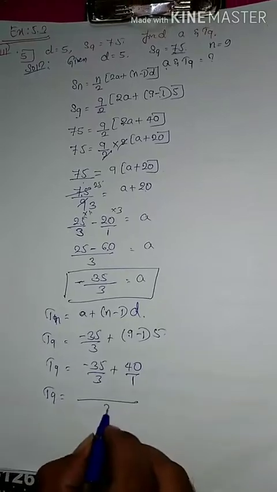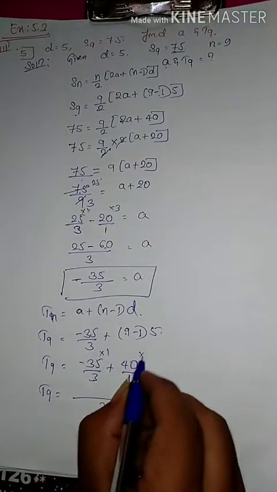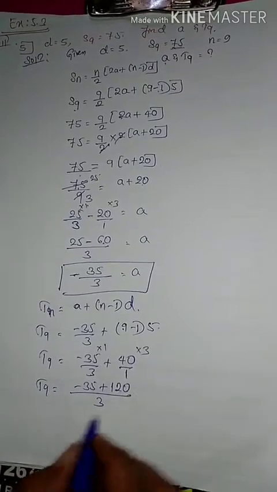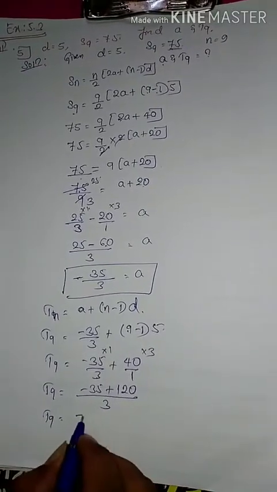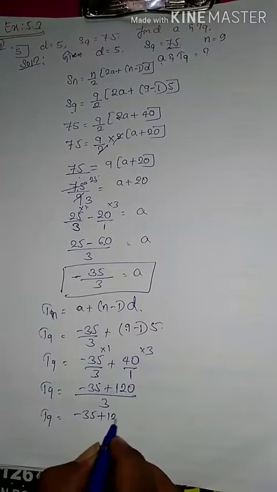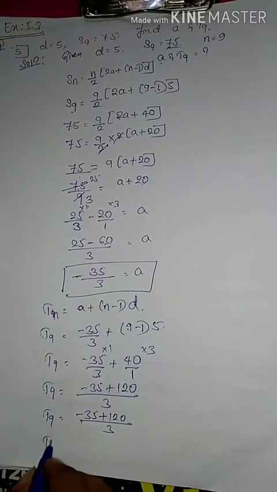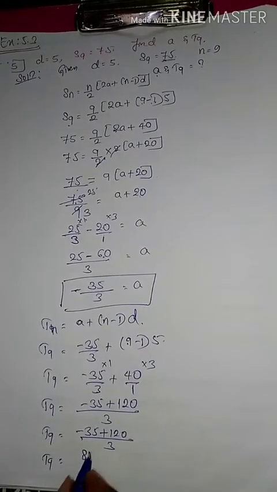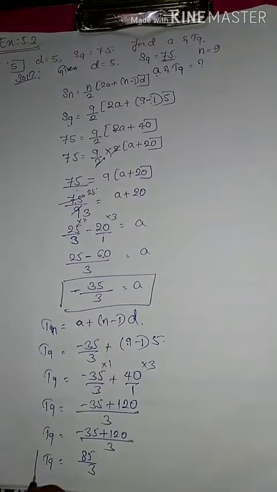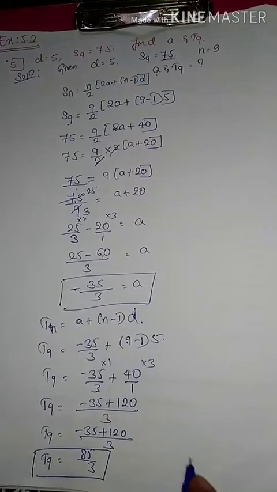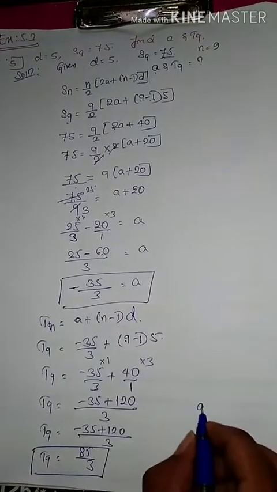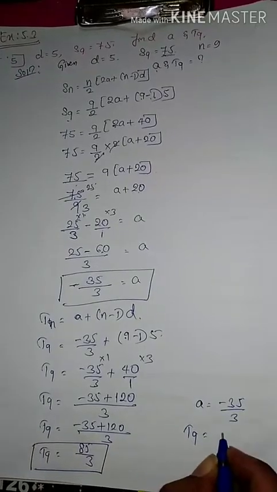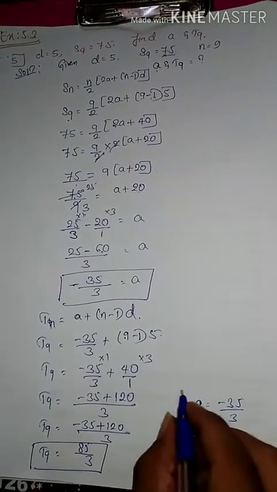T9 is equal to 3 is the LCM. 3 1s are 1, 3 is minus 35, 1 s are 35 plus 40 3s are 120. So T9 is equal to minus 35 plus 120 divided by 3. T9 is equal to minus 35 plus 120, 85 by 3. Hence the first term is minus 35 by 3, and the ninth term T9 is equal to 85 by 3.